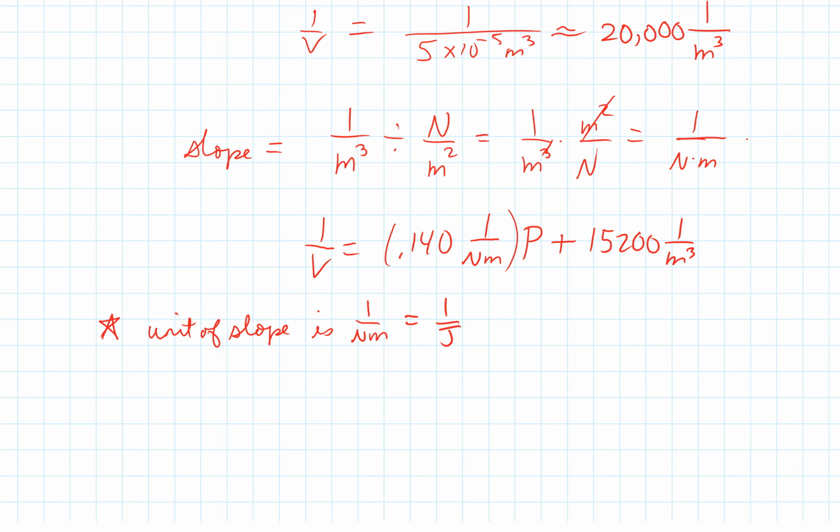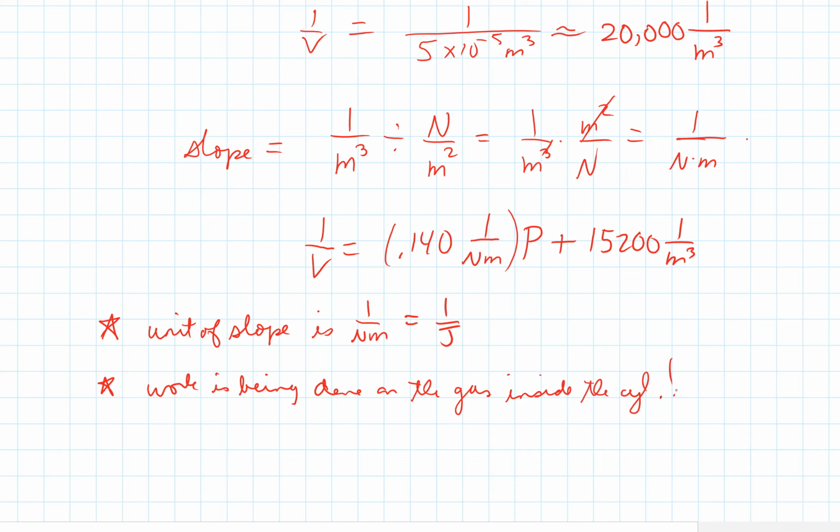So that's where this is coming from, that really work is being done on the gas. Okay, the gas inside the cylinder. So that's an important thing to take away from these units.